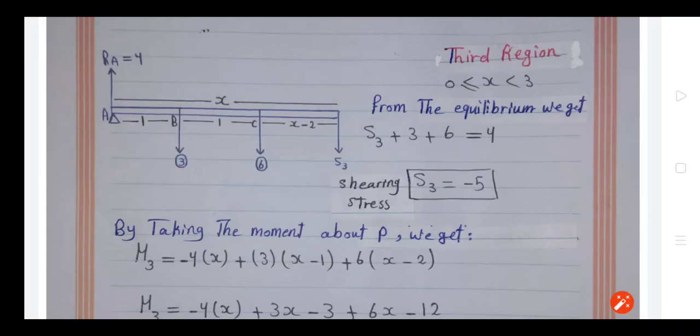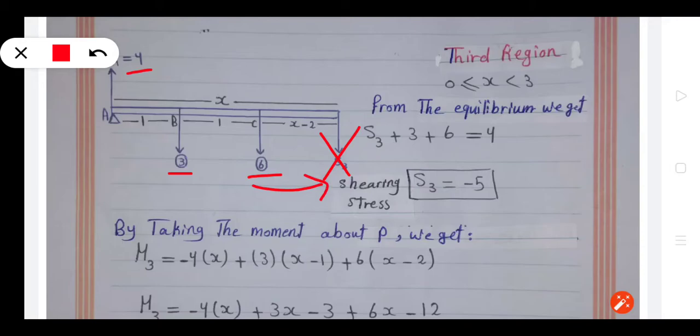Now to find M3, we will take a moment about point P. We can cancel S3. We have 3 forces. 6 is anti-clockwise, so 6 times x minus 2, and 3 is anti-clockwise, equal to 3 times x minus 1, and 4 is clockwise, so it's negative 4 times x, as you see.